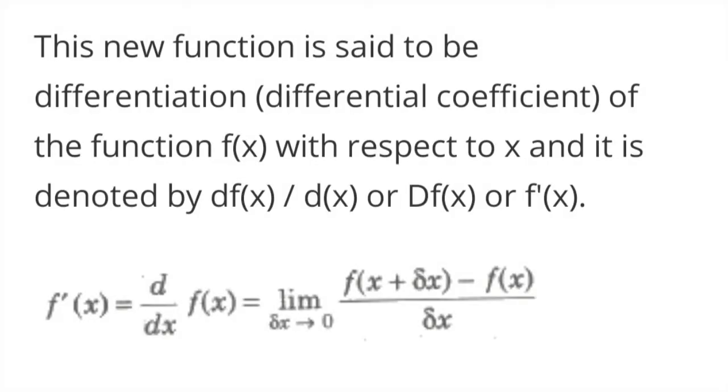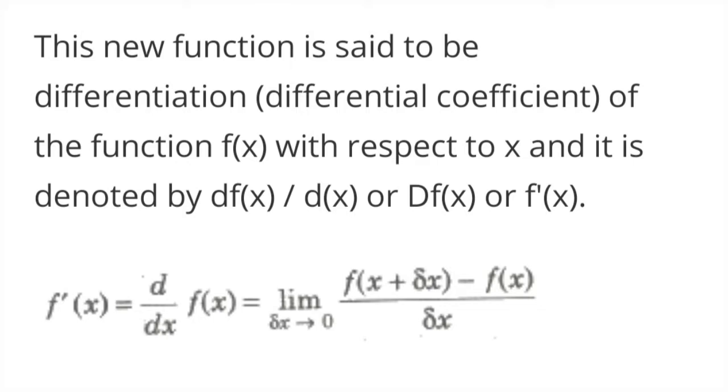This new function is said to be the differentiation, or differential coefficient, of function f of x with respect to x, and it is denoted by d f of x divided by dx, or derivative of f of x, or f dash x.